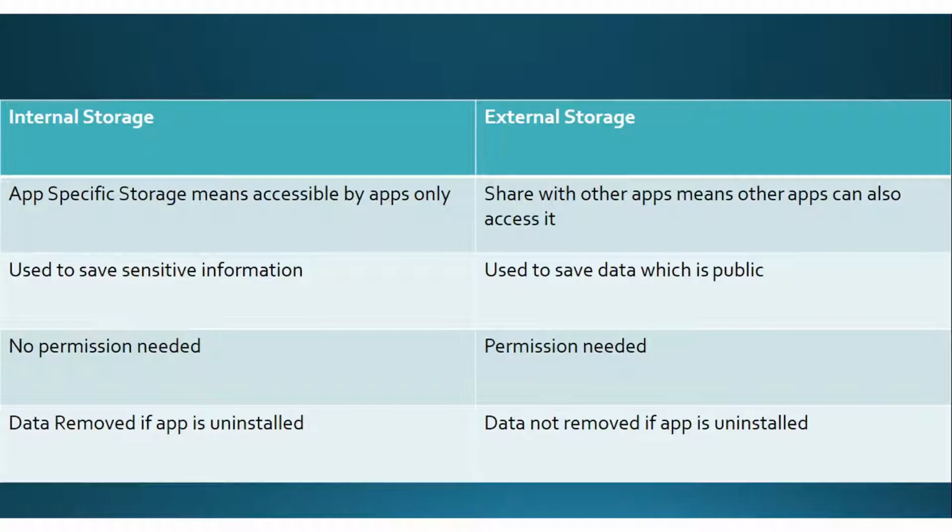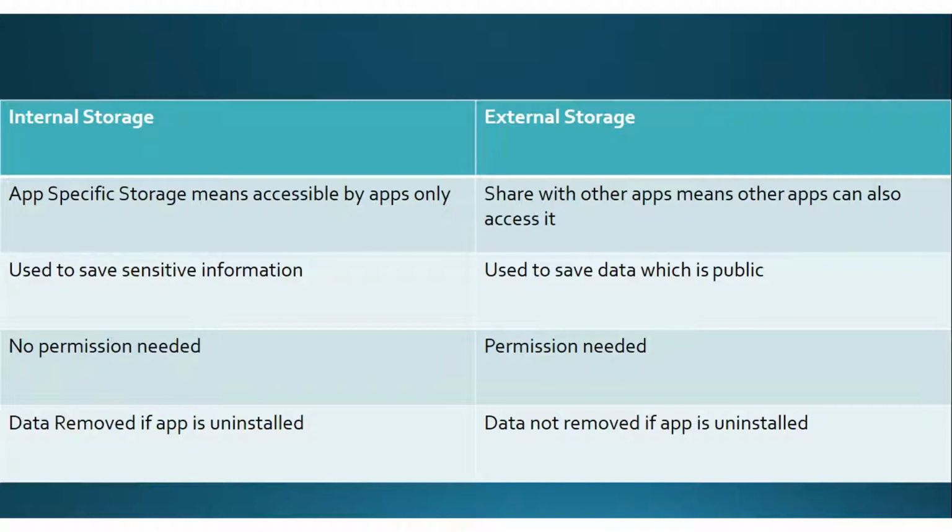In internal storage we mainly keep sensitive information that is not available to the public or other applications, and no permission is needed for it. That means without any permission you can directly start working with internal storage. In external storage we need permission, like the pop-ups you might have seen in other applications asking to access contacts or external storage read and write permissions.